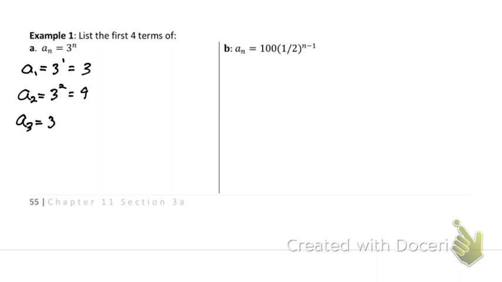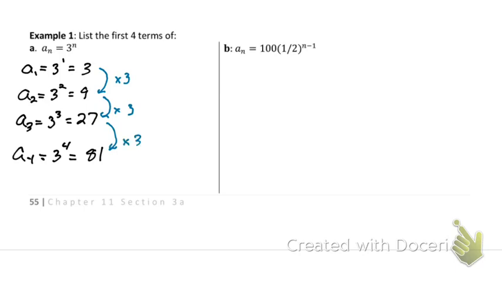My third term would be 3 to the third, which is going to equal 27. And a sub 4 is going to be 3 to the fourth, which is going to be 81. I do want to note, though, that this is definitely geometric, because this is times 3, this is times 3, and this is times 3. So in your calculator, you could just keep hitting multiply by 3, and you'd get your next few terms.